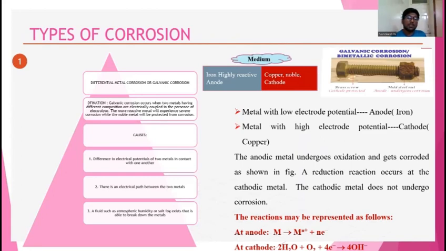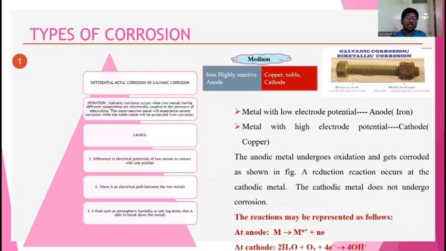Type of corrosion: differential metal corrosion or galvanic corrosion. Definition of differential metal corrosion: galvanic corrosion occurs when two metals having different composition are electrically coupled in the presence of an electrolyte. The more reactive metal will experience severe corrosion, while the noble metal will be protected from corrosion.